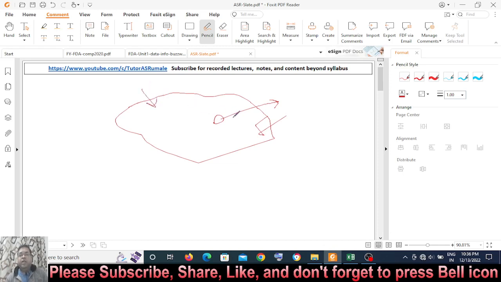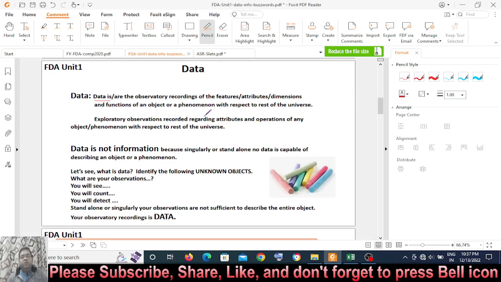If I say only circular, what do you come to know? Nothing, because many objects are circular in shape. So you have to go with other features, other dimensions of that object, and go through the different features.